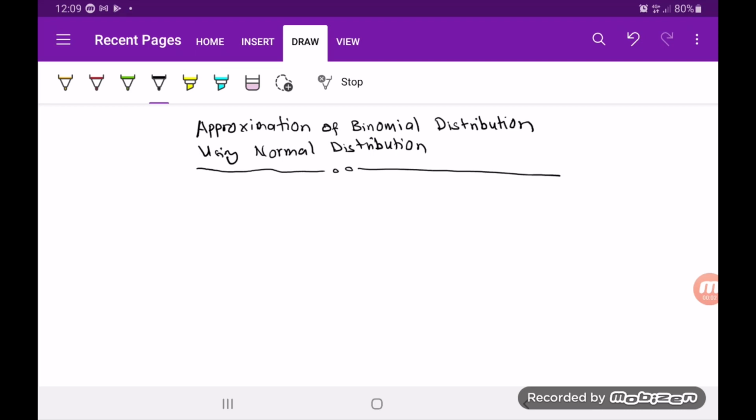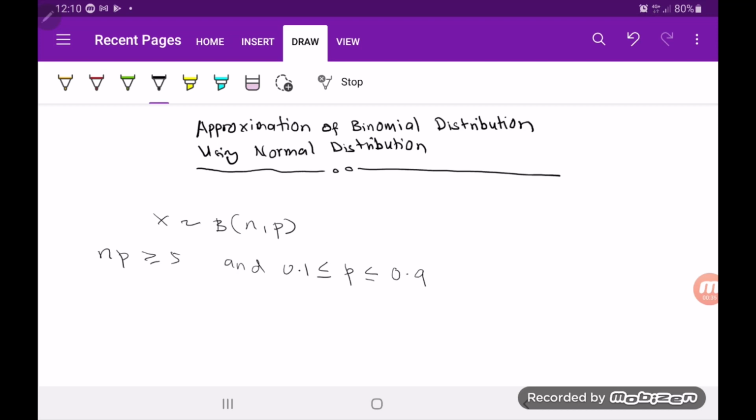If the random variable x has a binomial distribution with parameters n and p, this is a binomial distribution. Okay, and then we find that np is greater than or equal to 5 and the value of p is from 0.1 to 0.9.